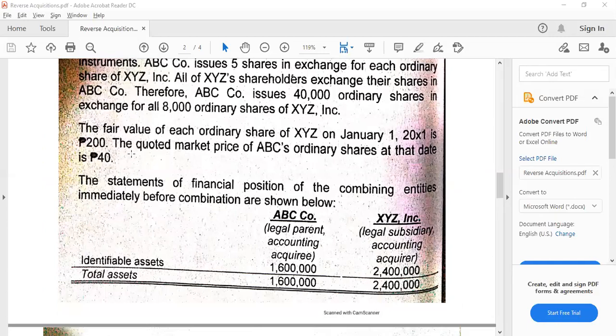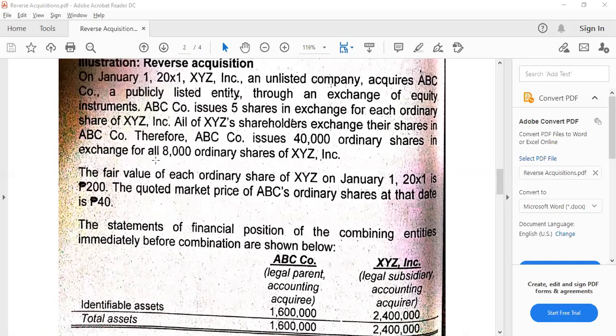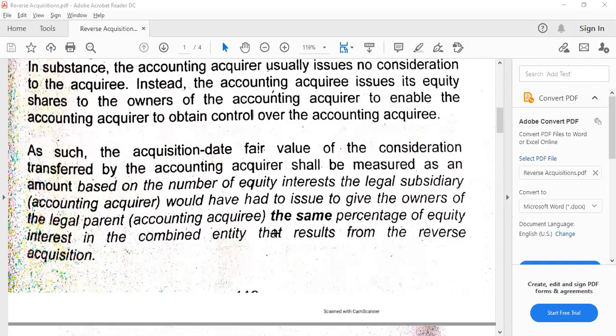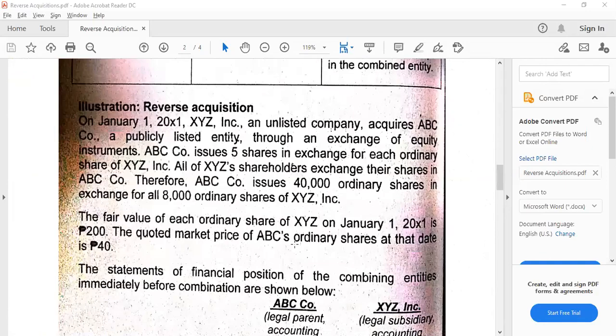And then the fair values of the shares of each. Remember, it would have been the fair value of the acquirer that would be used, right? However, in the analysis later on, still this would be utilized. Remember the consideration discussed here, that this is on the part of the accounting acquirer, and that is the private entity or the legal subsidiary as said, but well, we go to accounting.